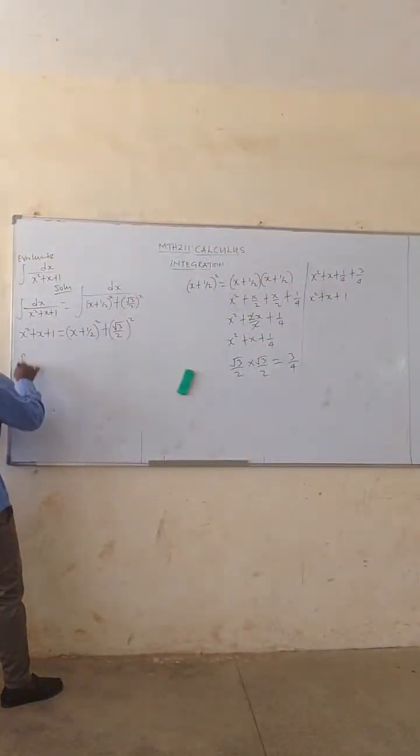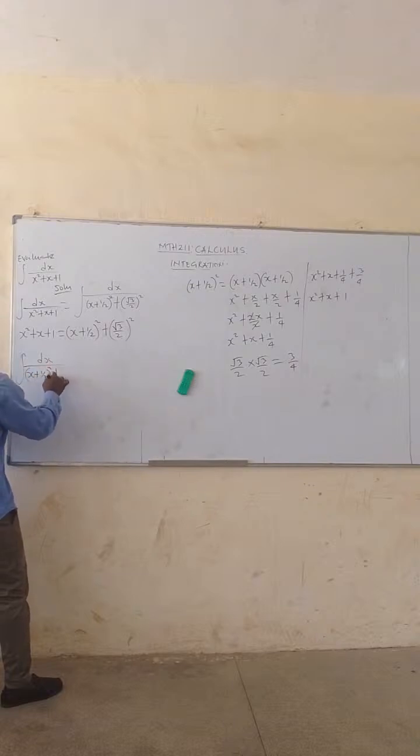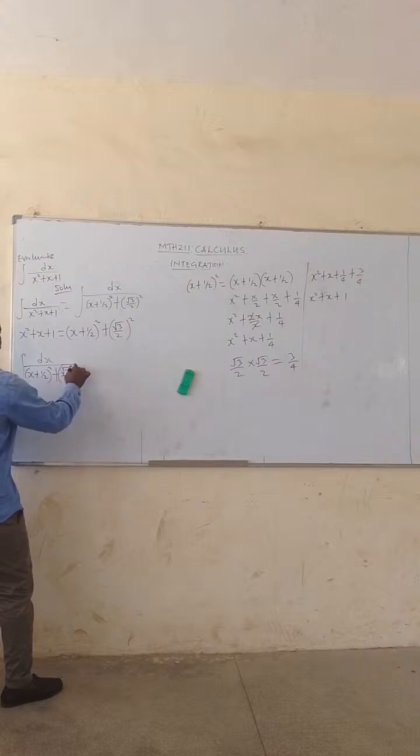Integral, yes, dx all over (x + 1)/2 all square plus, sorry, root 3 all over 2 all square.